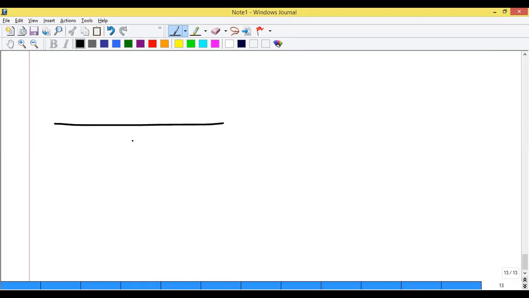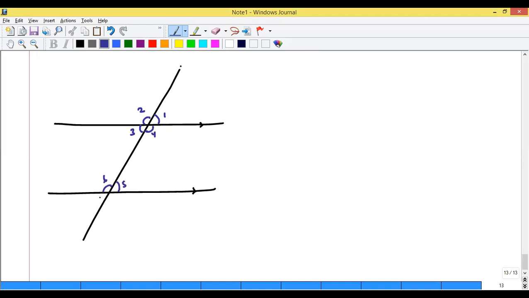If two parallel lines are intersected by a transversal, angle 1, angle 2, angle 3, 4, 5. How many angles are formed? 8 angles. Do you think the 8 angles are all different?